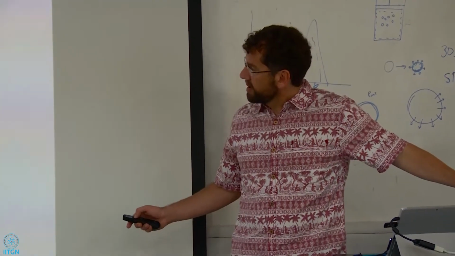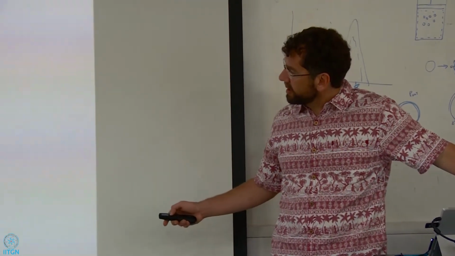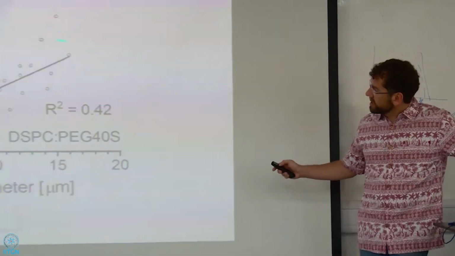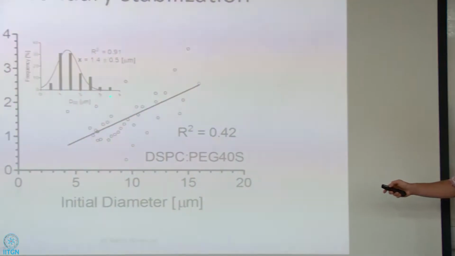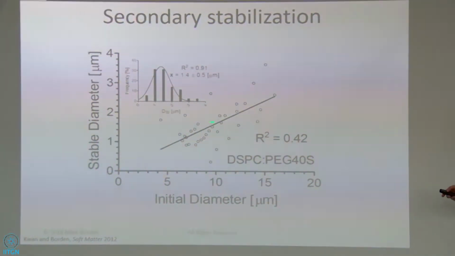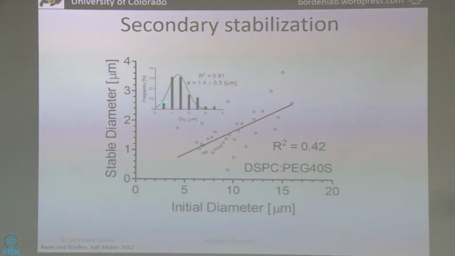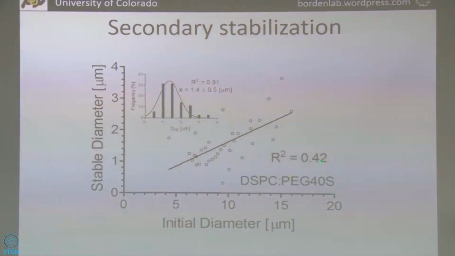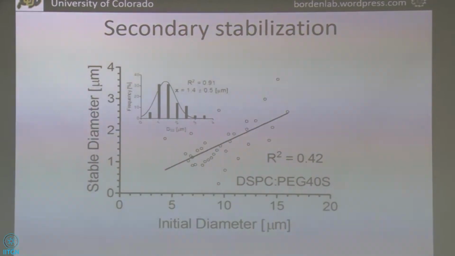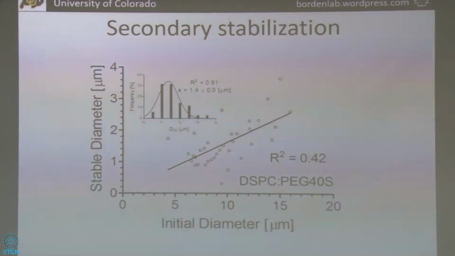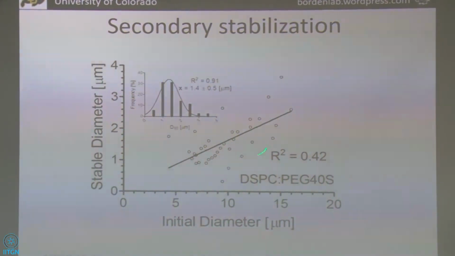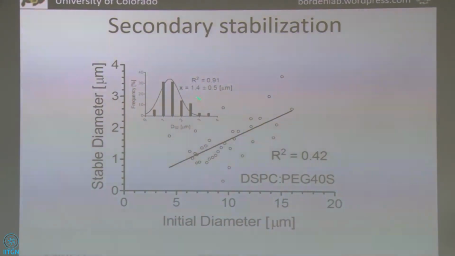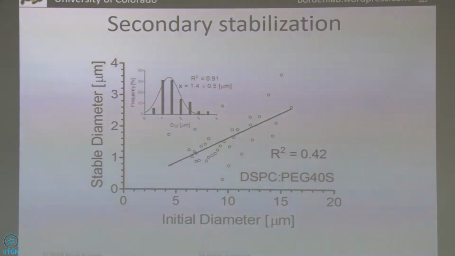The secondary stabilization depended a little bit on the initial diameter, but there was a lot of scatter in the data. When we plotted it as a histogram instead of versus the initial diameter, we got a really nice histogram. The R squared for a line is 0.42, but for the histogram it is 0.94. So to us, that said the final diameter is not really dependent on the radius; it just restabilizes at some diameter.